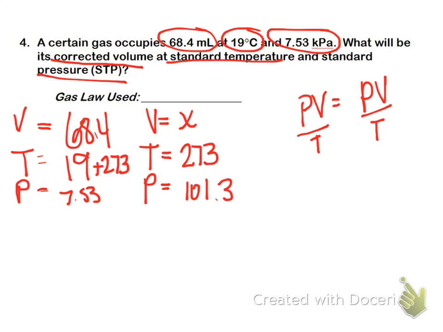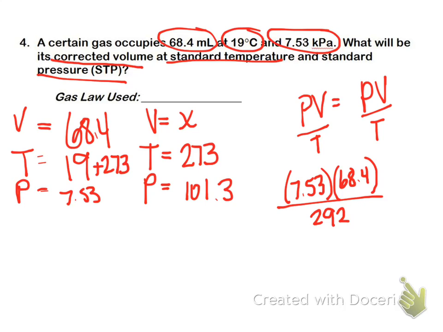All right, pressure. What do I plug in for the first P? 292. That's the first T. The first P is 7.53 and the first volume is 68.4. Agreed? And divide that by your temperature, which is 292. Have I lost you yet?